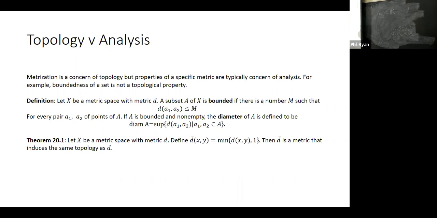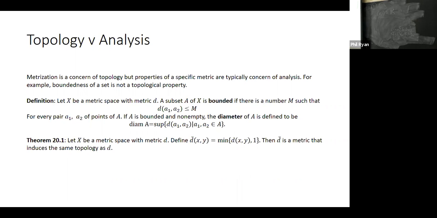Say we've got a metric space with d, and we define a new metric such that the distance between x and y is the minimum of either the distance between x and y in the old metric, and 1. So that means the maximal distance between any two things in the set is going to be 1. Then this is a metric.